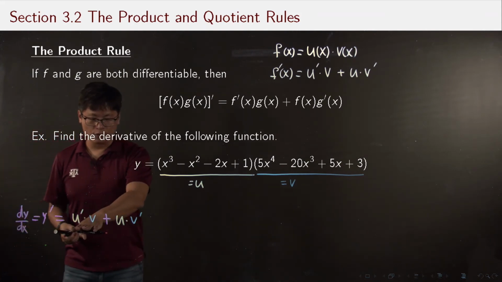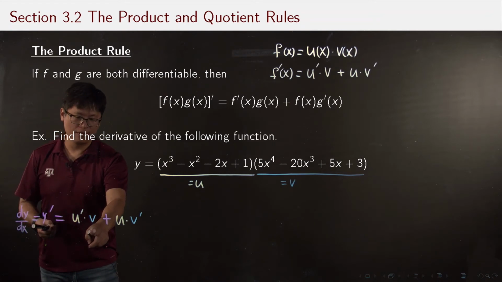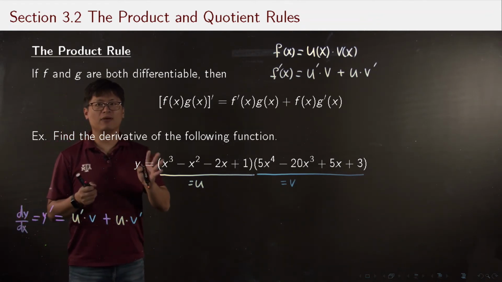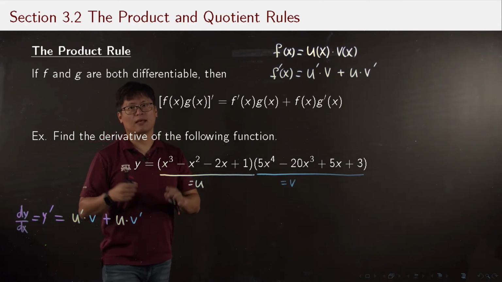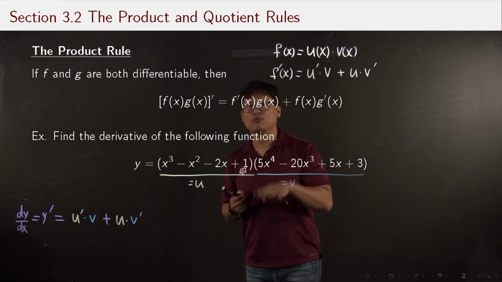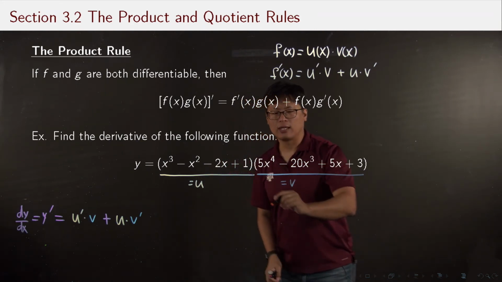Now we're going to do this puzzle. This is a puzzle with 4 pieces: u prime, v, u, and v prime. We have to figure out the 4 pieces. Since u and v are given, we have to find u prime and v prime, then do the puzzle. Let me rewrite your u.